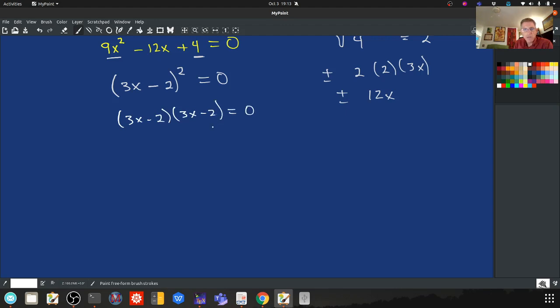These factors are the same, so that implies 3x minus 2 is equal to 0, which implies 3x is equal to 2, which implies x is equal to 2/3. So in this case I only have one solution, and it's x is equal to 2/3.